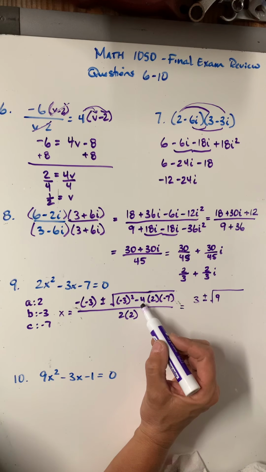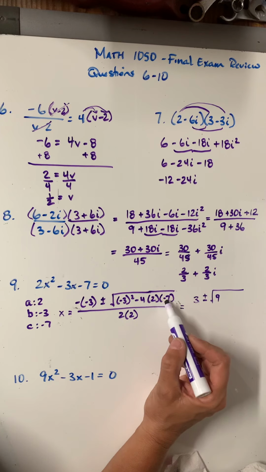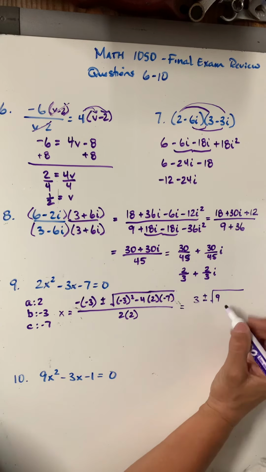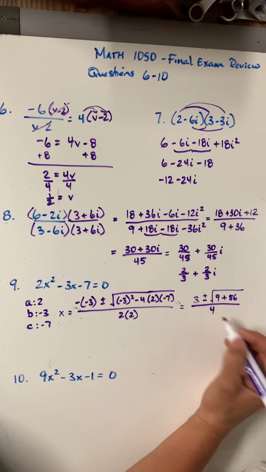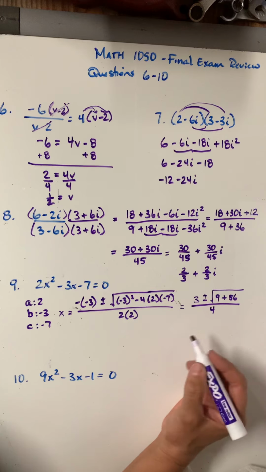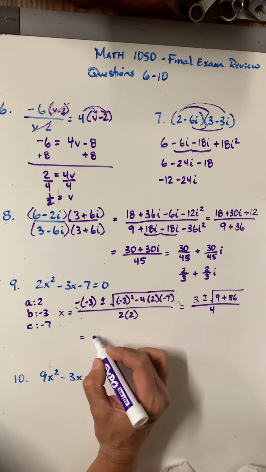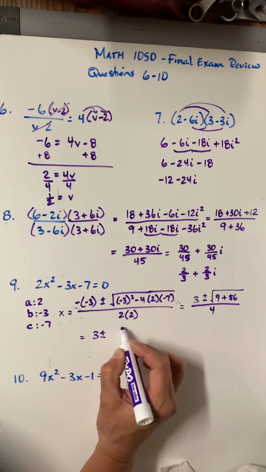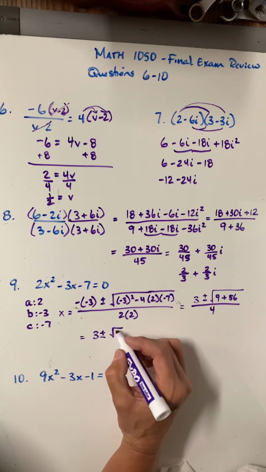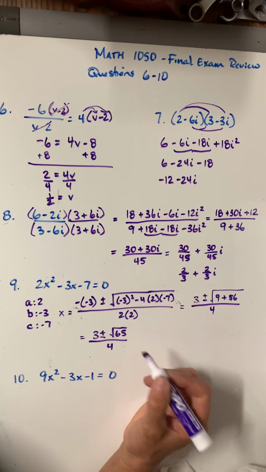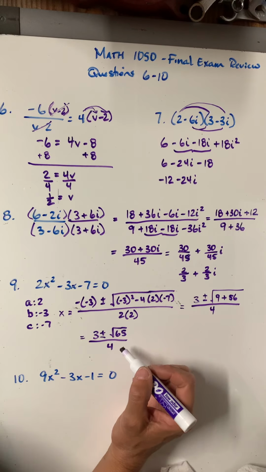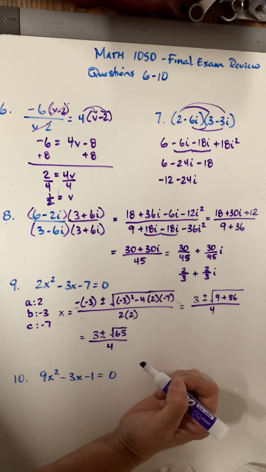And then this is 4 times 2 is 8, times 7 is 56. A negative and a negative is a positive. And that's all over 4. 56 plus 9 is 65. So I get 3 plus or minus the square root of 65 all over 4. And basically this is the answer.